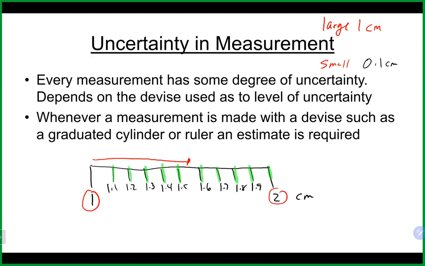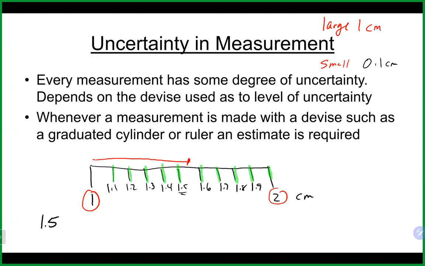When we take an actual measurement, there should always be numbers that no matter who takes a look at it, everybody should agree that it is at least this amount. Looking at my red line there, everybody should agree it is at least 1.5.